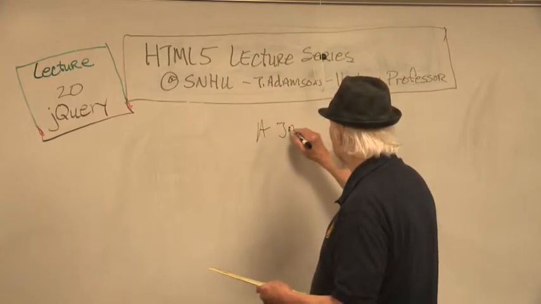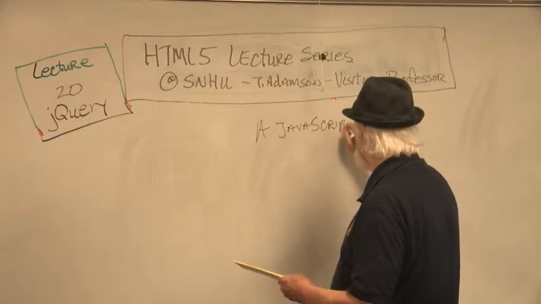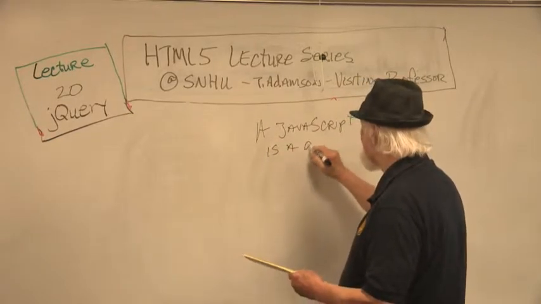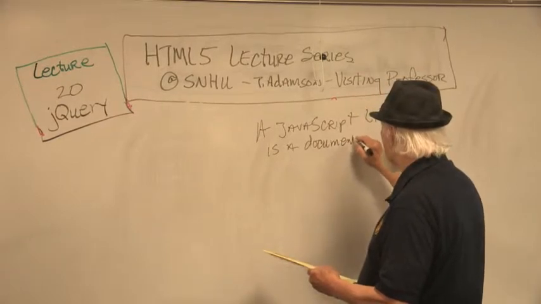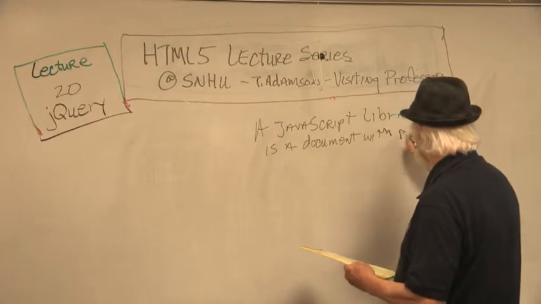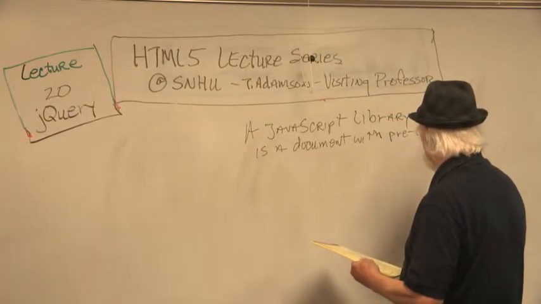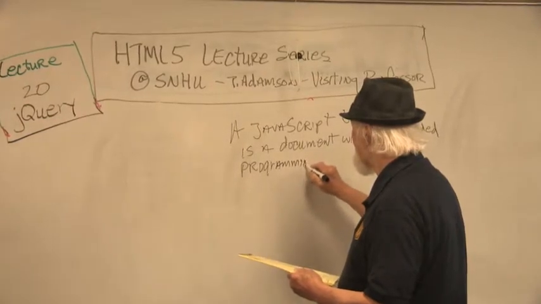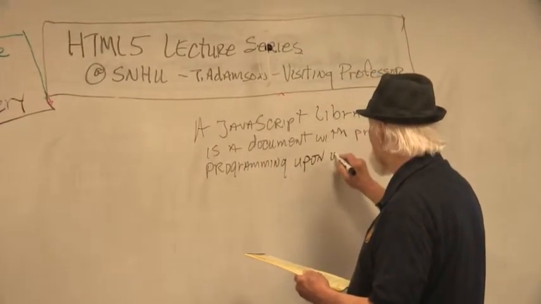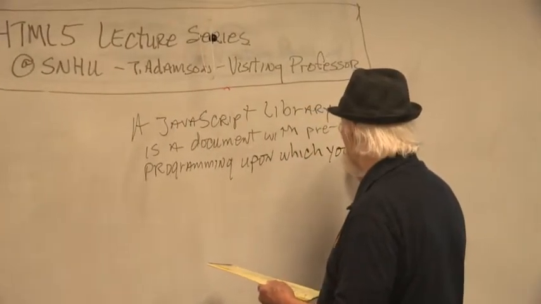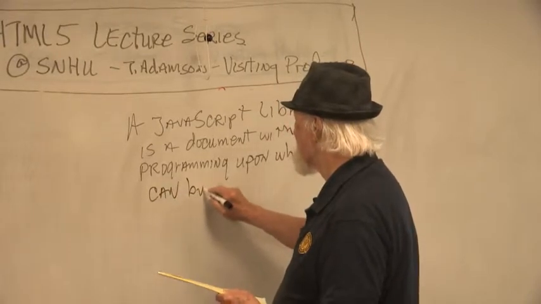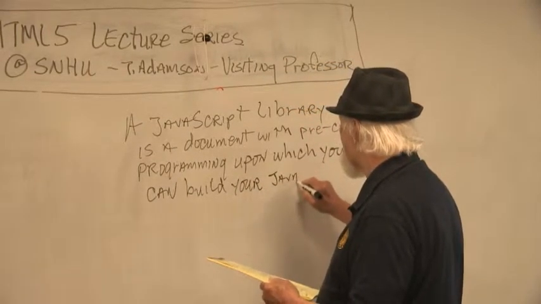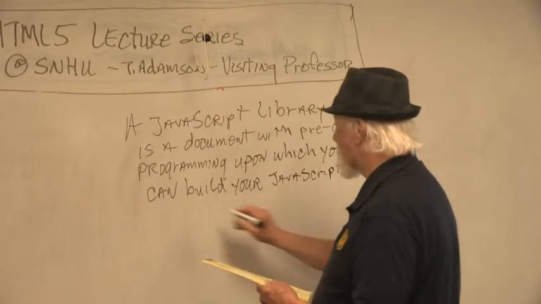A JavaScript library is a document with pre-coded programming upon which you can build, B-U-I-L-D, your JavaScript code.